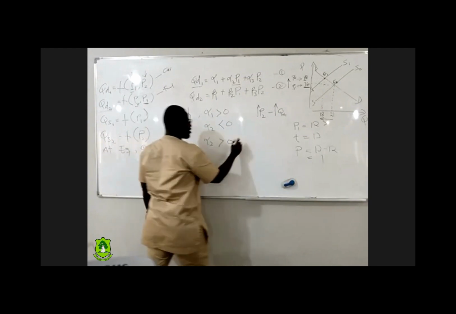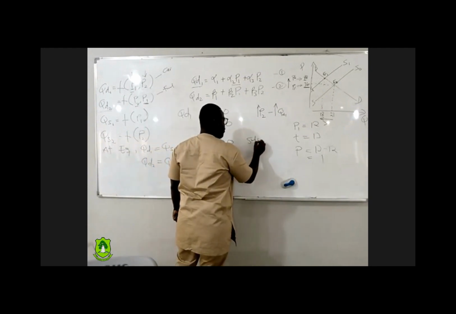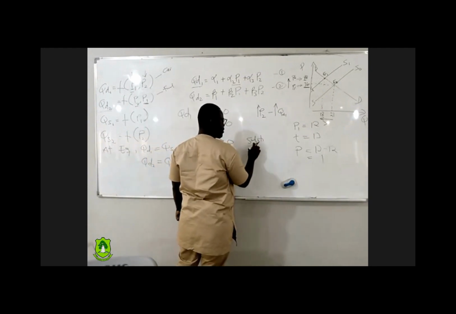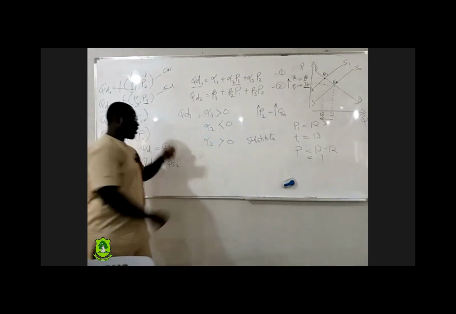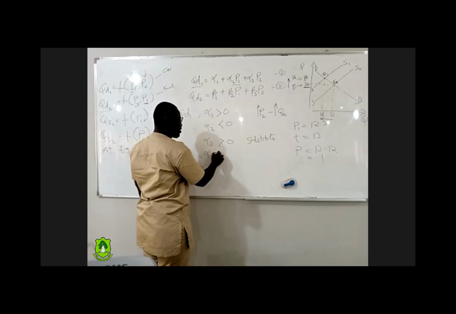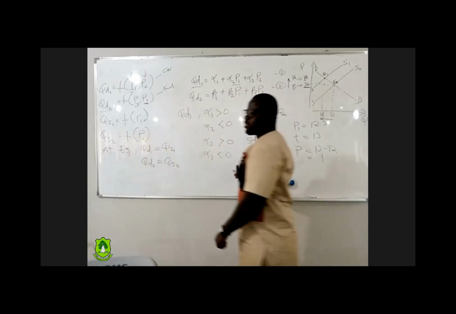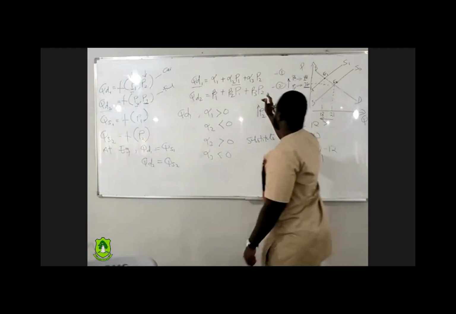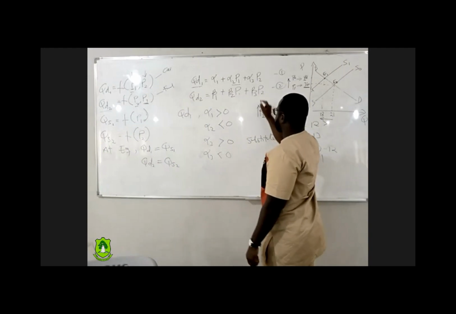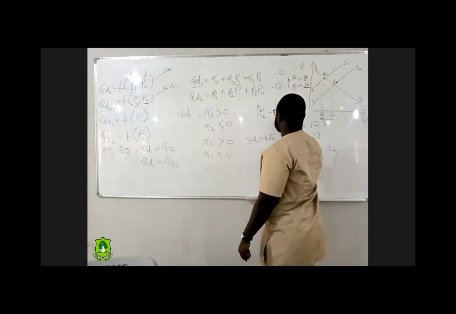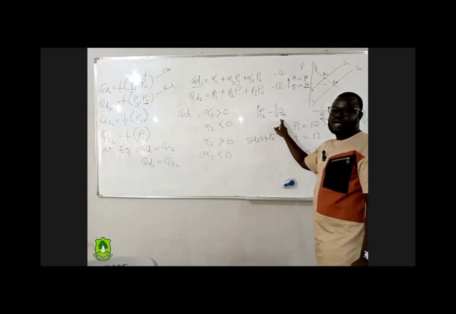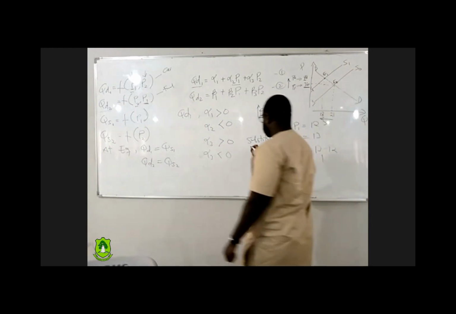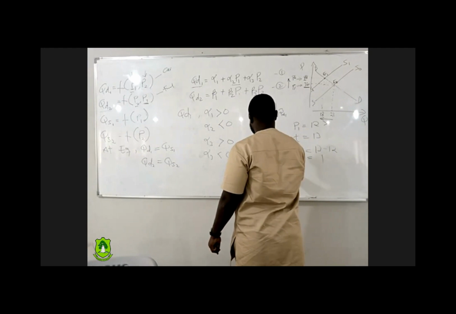Substitute, which means that particular good that we are looking at is a substitute. And if alpha 3 is negative, less than 0, an increase in the price will lead to a reduction in the quantity, which means the two goods are complements.